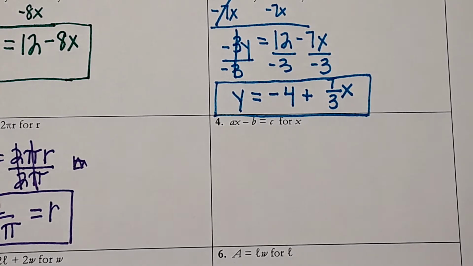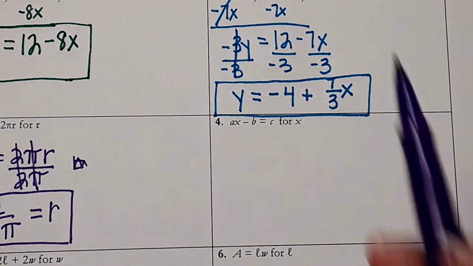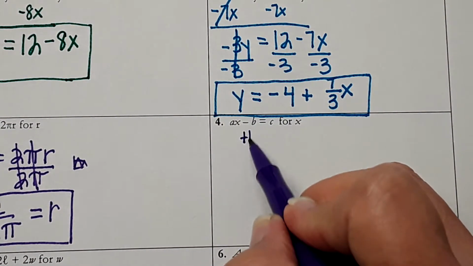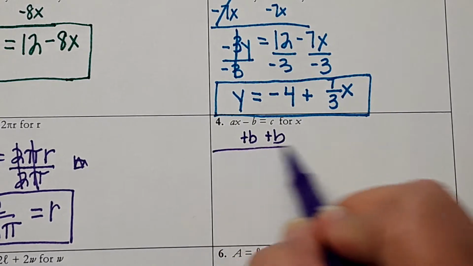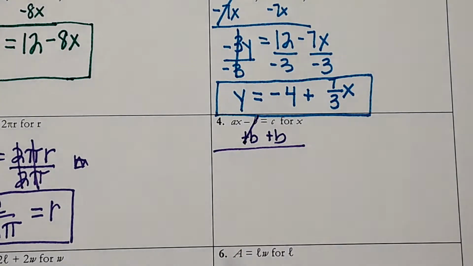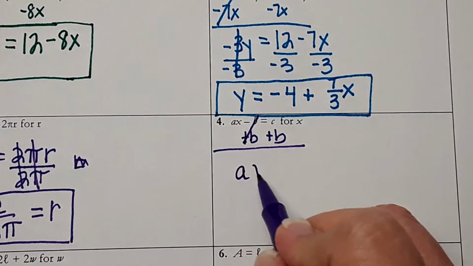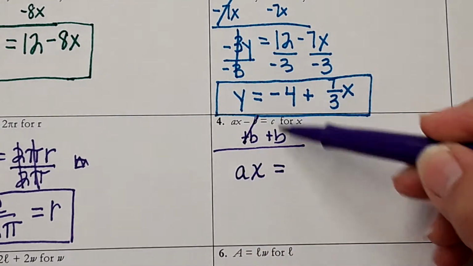Now remember, you guys, when you solve these, you're solving them just like a normal equation. You're just moving everything around. So instead of subtracting b, in order to get rid of it, we're going to add b. Those cancel out because they're additive inverses, and you're left with ax equals c plus b.